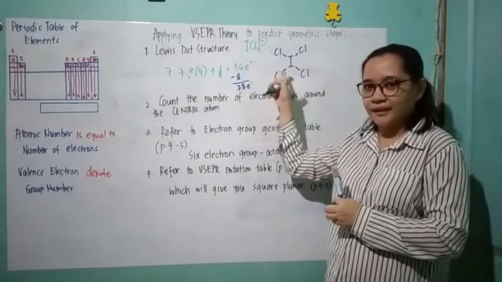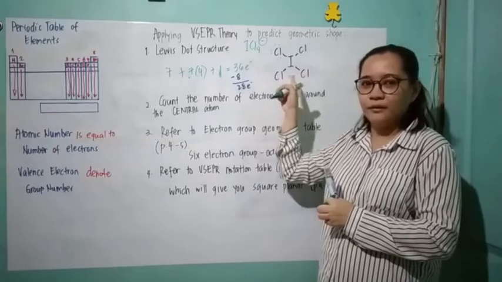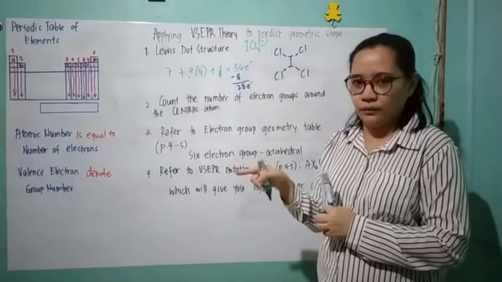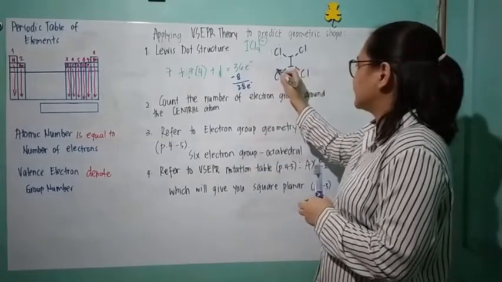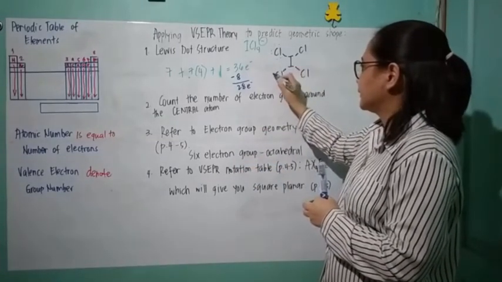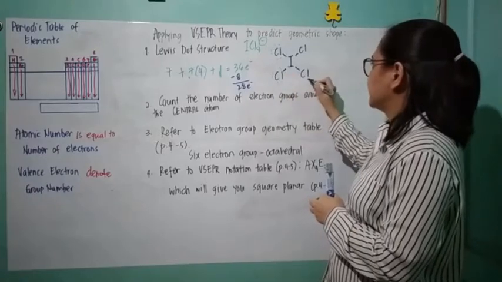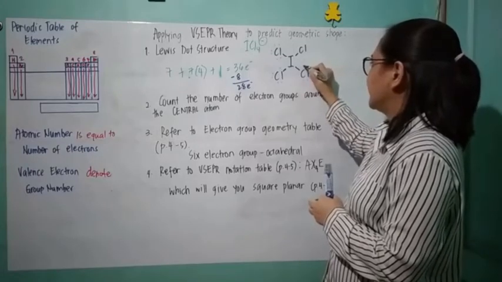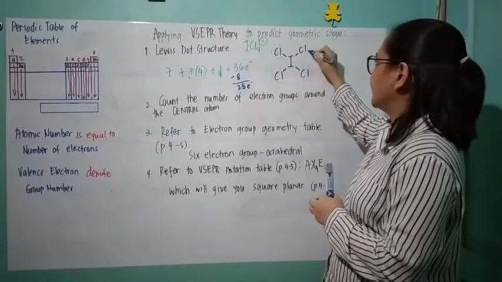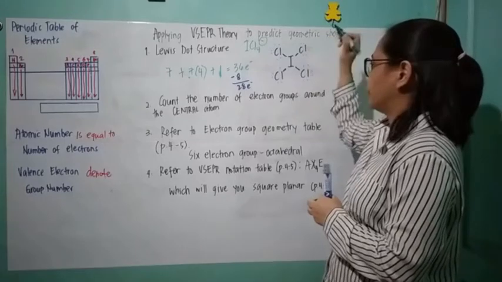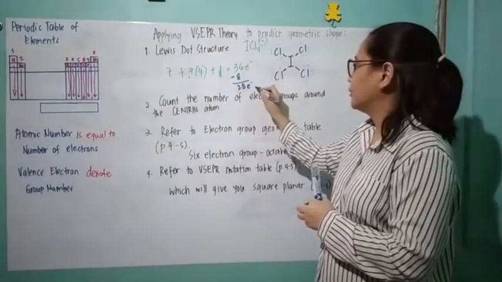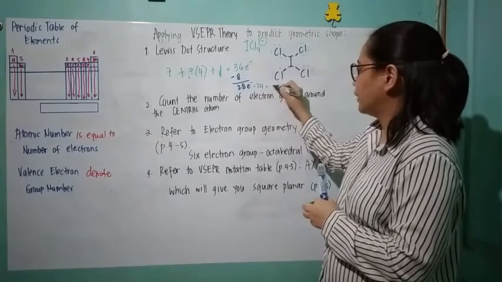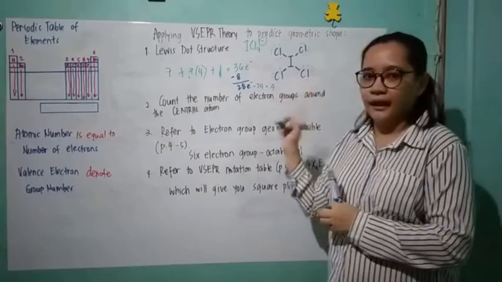Only 6 at first, because each chlorine should satisfy the 8 electrons required by the octet rule. Then let's distribute another 6 to the chlorine, and so on, up to 24. Now, 28 minus 24 will give you 4 electrons.